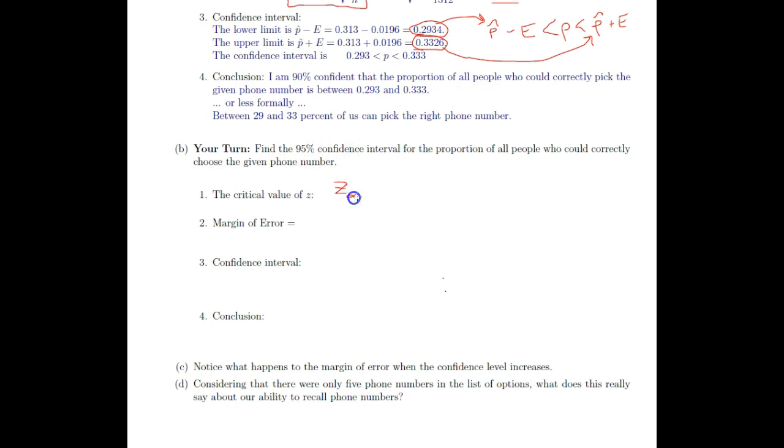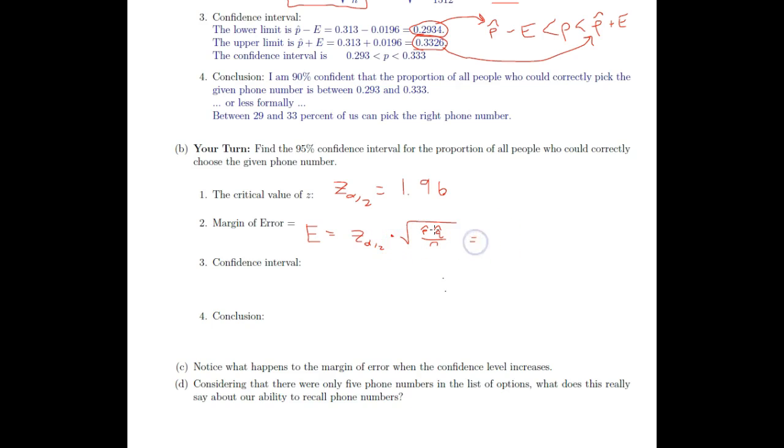So our z sub alpha over 2 for 95% confidence is going to be 1.96. Okay? So our margin of error is still going to be that formula we were working with before, which is z sub alpha over 2 times the square root of p hat q hat over n.